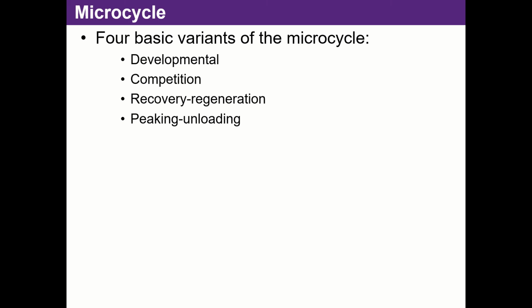Or you could be intending to improve tactical, so strategy, or technical skills, right? So them being able to actually do the movements of their sport, like serving or swimming strokes or perfecting the rowing stroke, whatever it is that they do. So that's a developmental microcycle: we're trying to improve some ability, whether that's a biomotor ability, tactical, technical, etc.